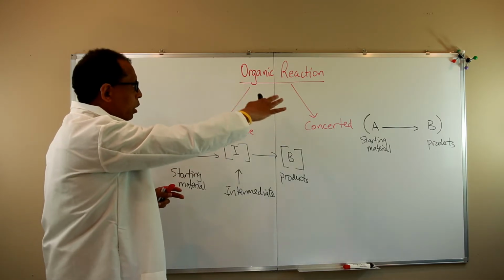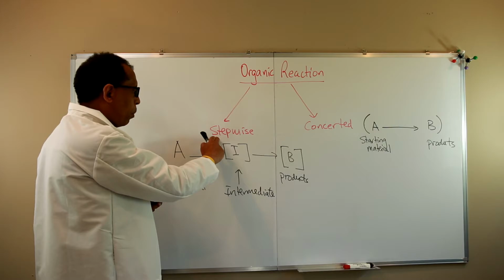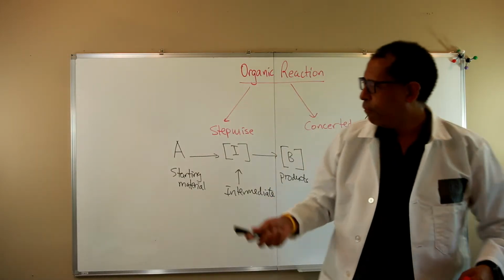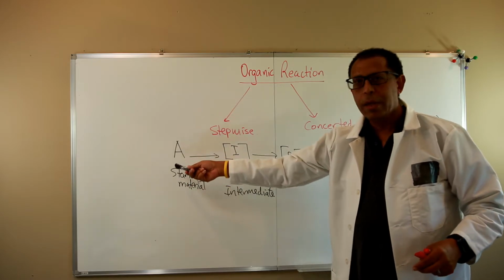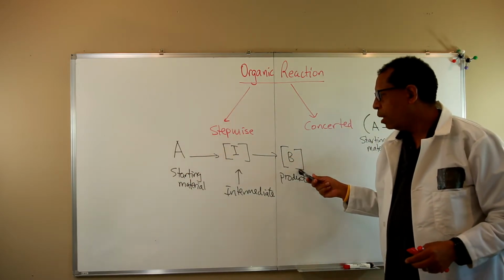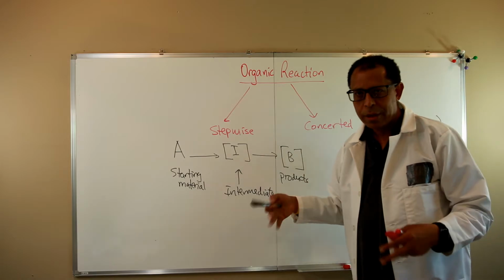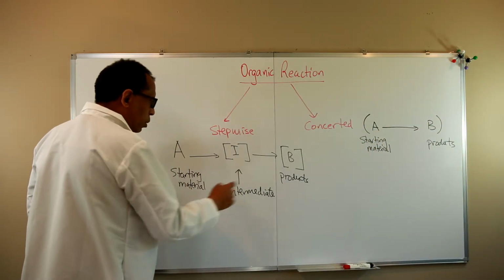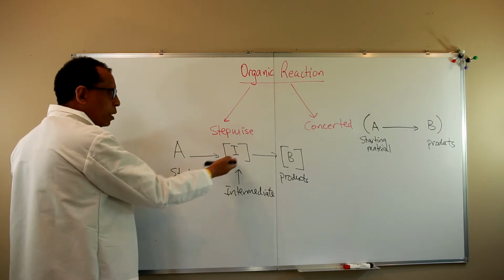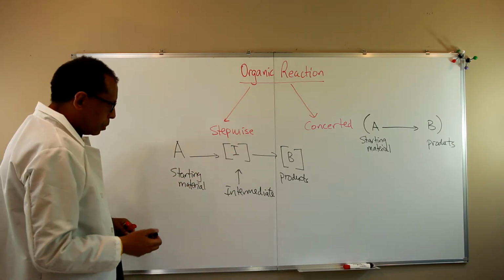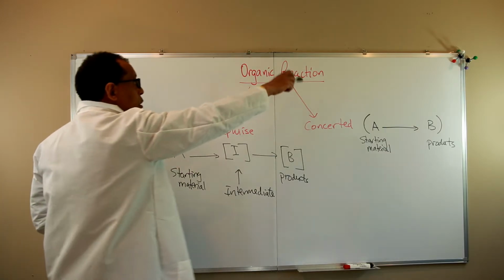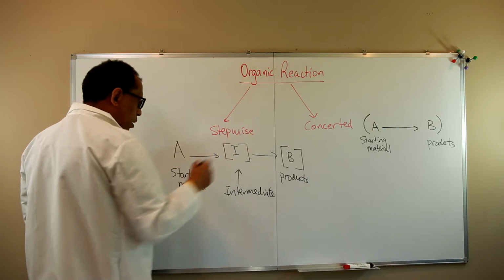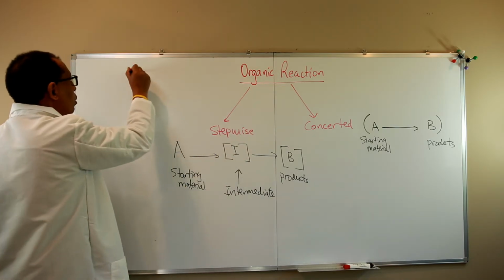So organic reactions can happen in a stepwise manner, meaning that this reaction from the starting material A to go to B goes through several steps, and we call those intermediate steps, and they would have intermediate products with them. Remember, during the organic reaction, whether it's stepwise or concerted, energy should also be considered.